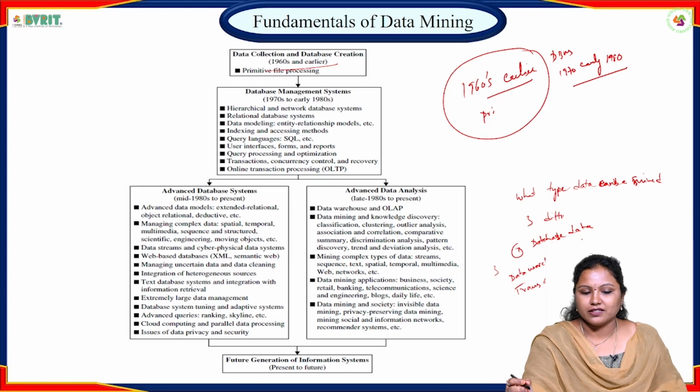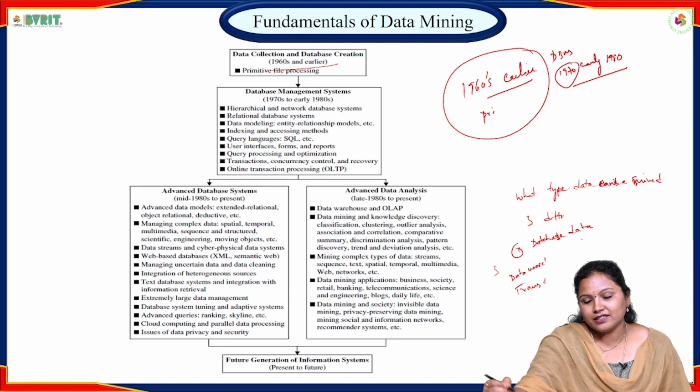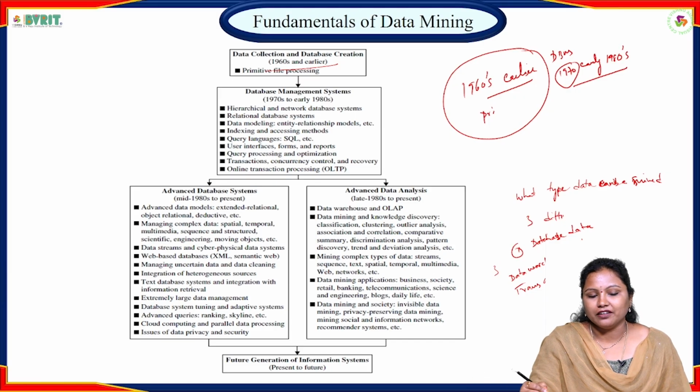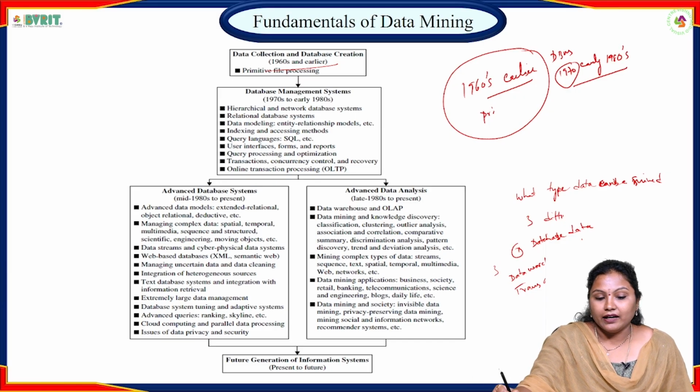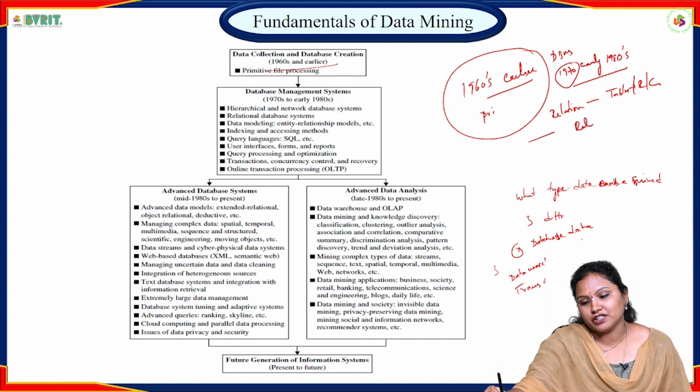Next we came into existence with the database management system, in the 1970s and 1980s. Here we have different approaches like hierarchical, network database and relational database. I already told you, relational databases consist of tables, that is, rows and columns. In the same way, data modeling has entities and relationship entities.